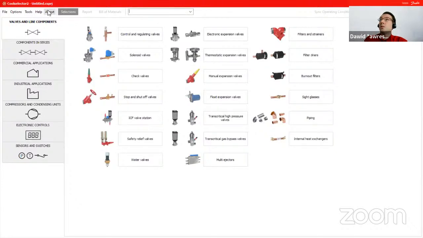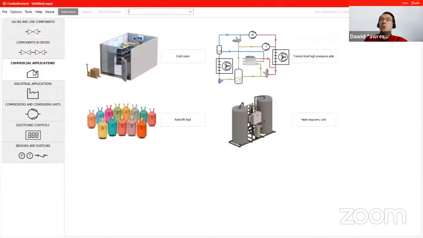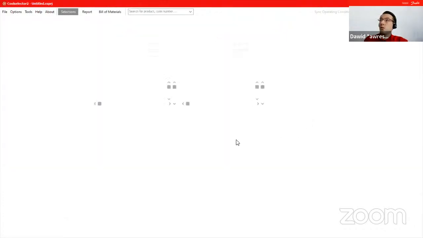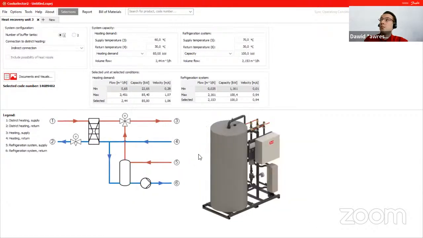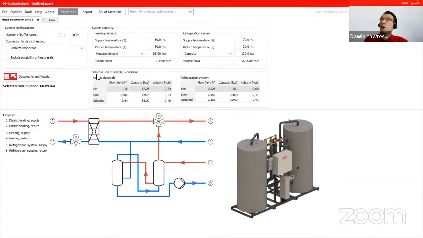So this is the Coolselector2 software. We need to go to the commercial applications. Then we need to choose the heat recovery unit. First we need to choose if we would like to have a 1 tank design or the 2 tank design.